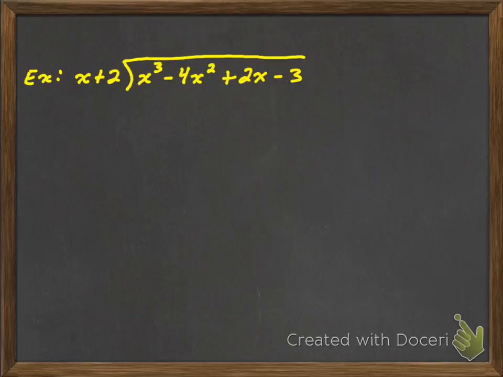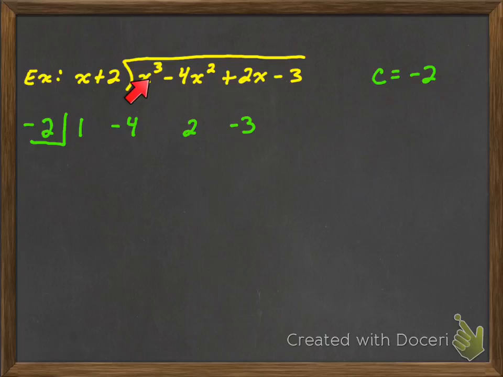Another example here. This one is good to go. Our C value in this situation will be -2. And so going a little bit quicker here, you're going to have a -2, 1, -4, 2, and -3.